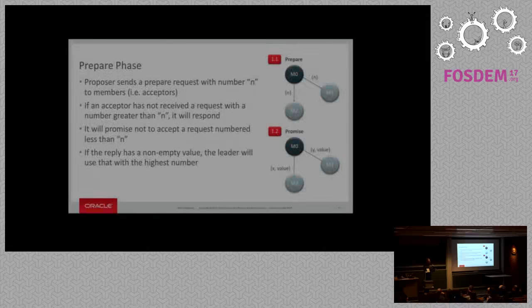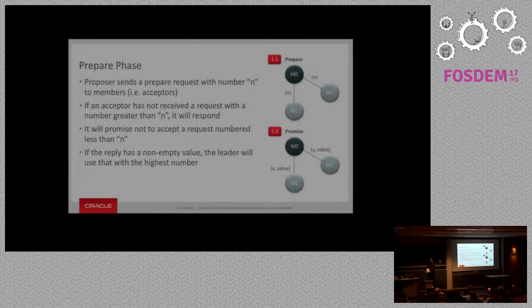Basically, a node sends a message saying, I want to become a leader. It is usually the node with the lowest number, in our example, member 0. I use the same set of images through all the slides. The dark blue or dark gray, whatever, is the leader. The other ones are basic acceptors or learners. They can become a leader eventually if the current leader fails.